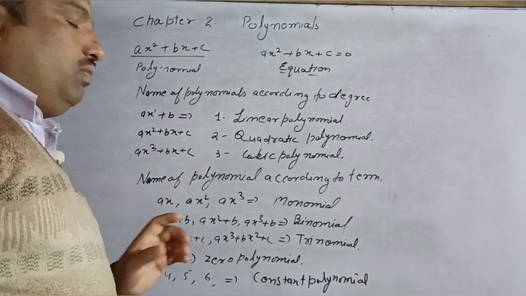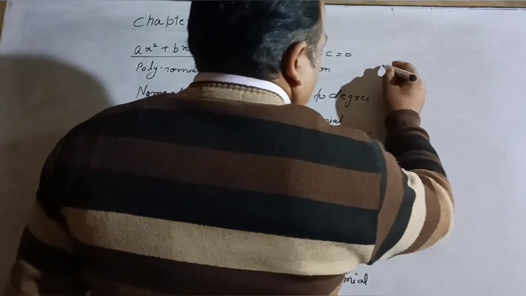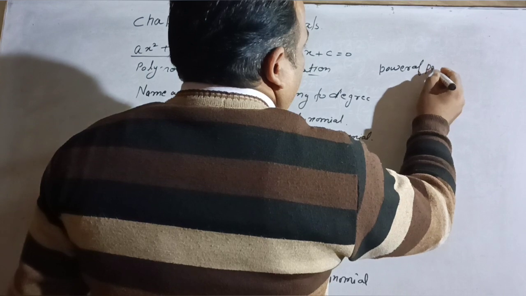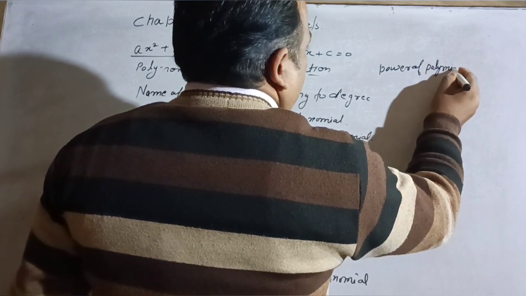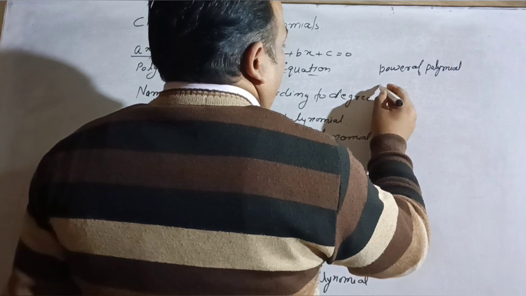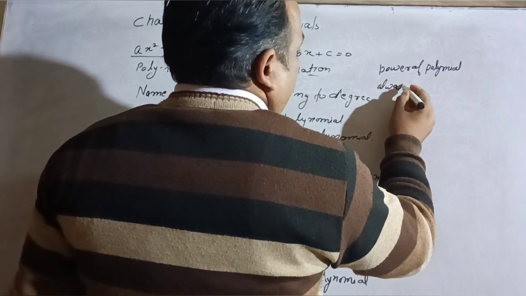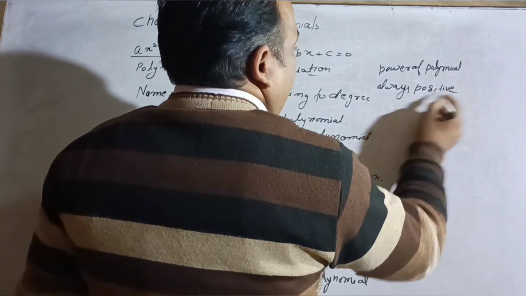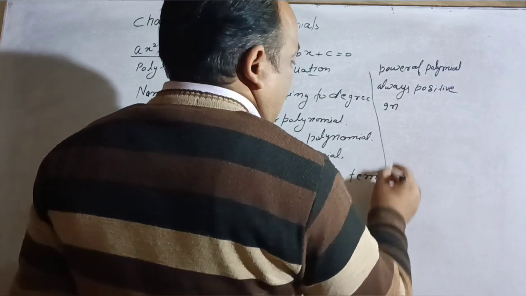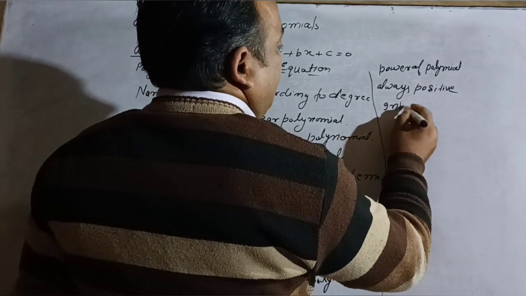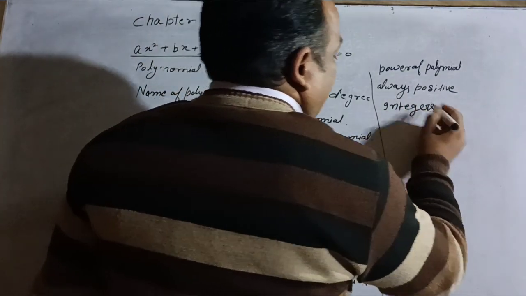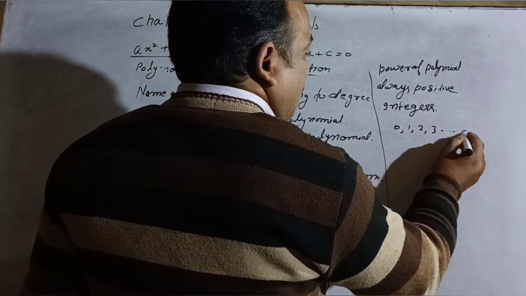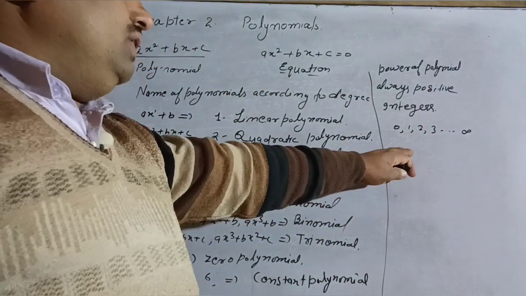This is the condition for a polynomial: the power of a polynomial is always a positive integer, means 0, 1, 2, 3 and so on.